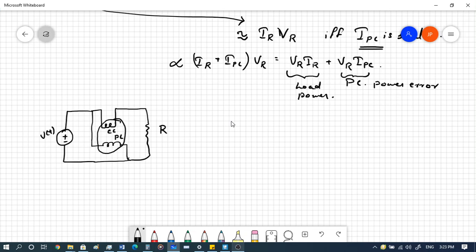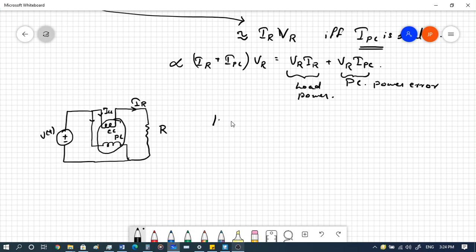Here the current ICC, which is the current through the current coil, will be the same as IR, but the voltage across VPC, or the pressure coil, will consist of the voltage across the current coil as well as the resistance. That is the major difference over here.